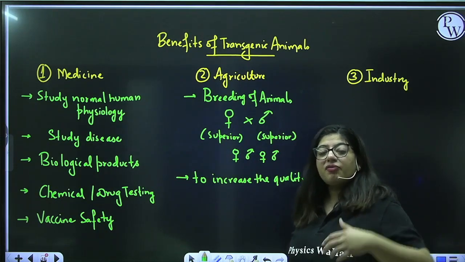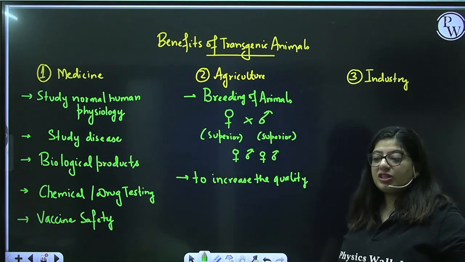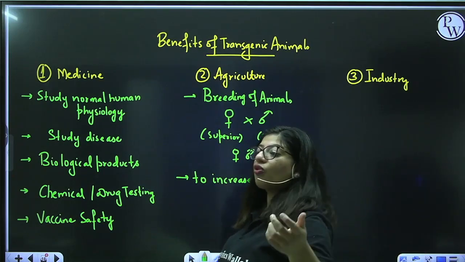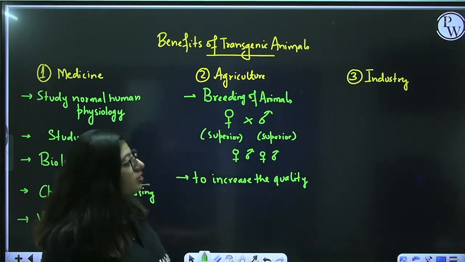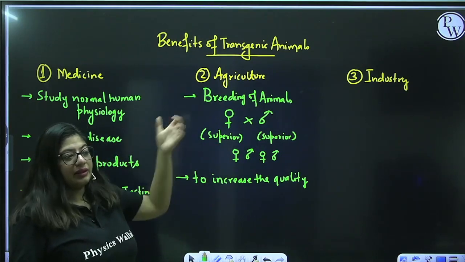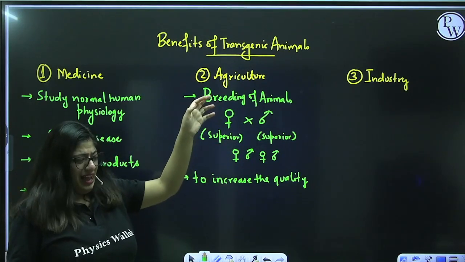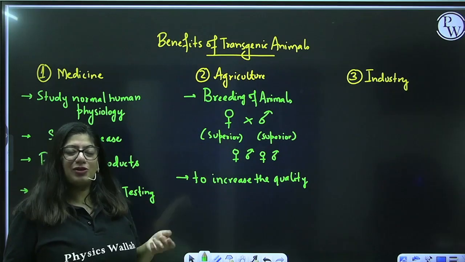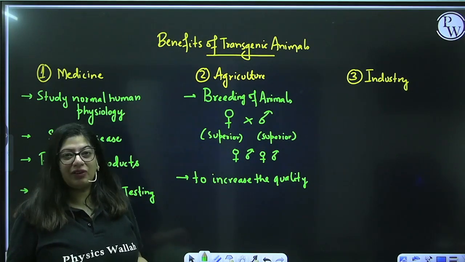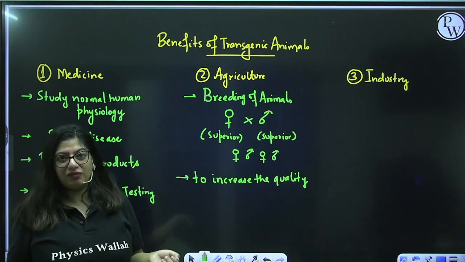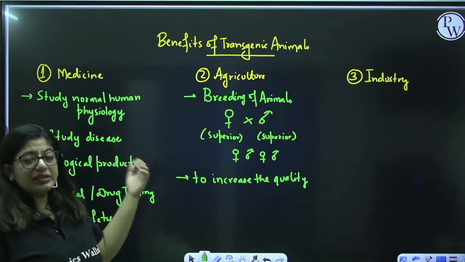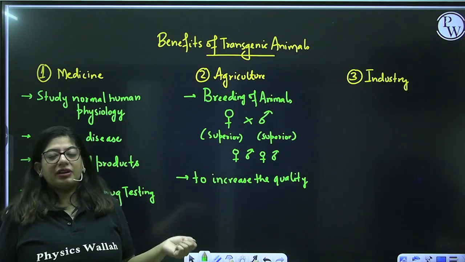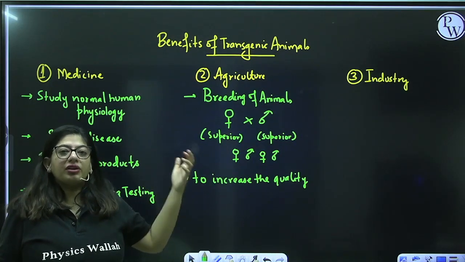If we manipulate some fishes with genes, maybe the fishes will have more omega-3 fatty acids and we can have them by eating them. Okay, so this is how we can apply that in agriculture. Agriculture doesn't mean only plants, it's also about animals. Animal husbandry, we'll be doing in the chapter after this. Okay, all right. So these are some of the applications in agriculture.